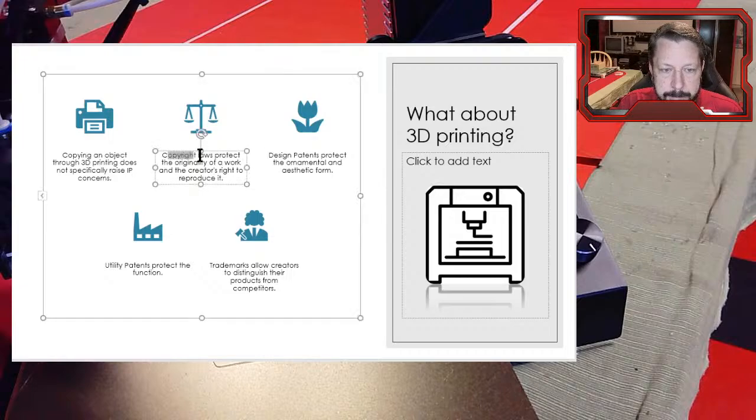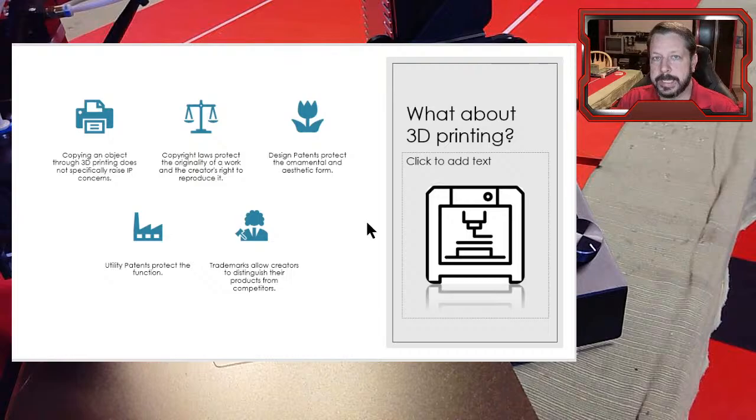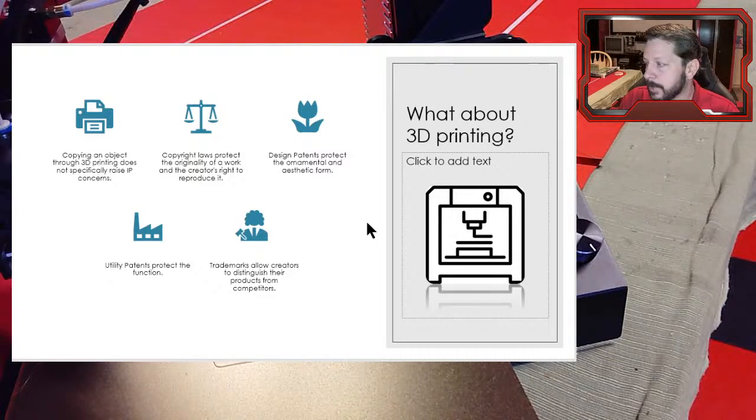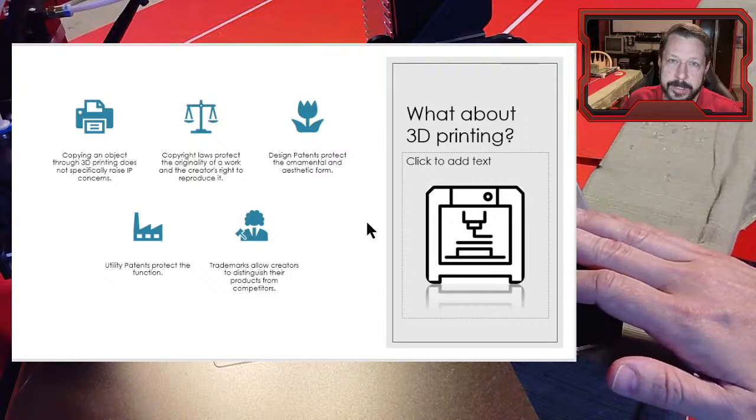So like I said, copyright generally protects the file itself, so the STL file or the G-code file. Now you could argue if the STL file is what's copyrighted, that's the geometry, all the little triangles that make up the geometry. The machine doesn't use the STL, it uses the G-code file.